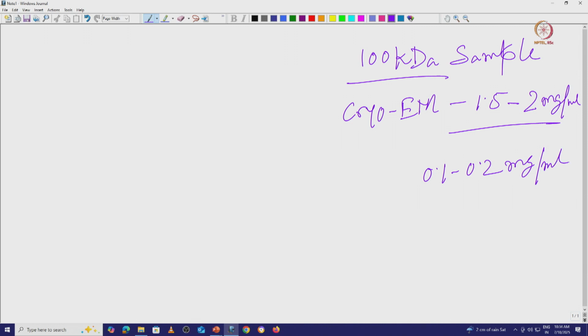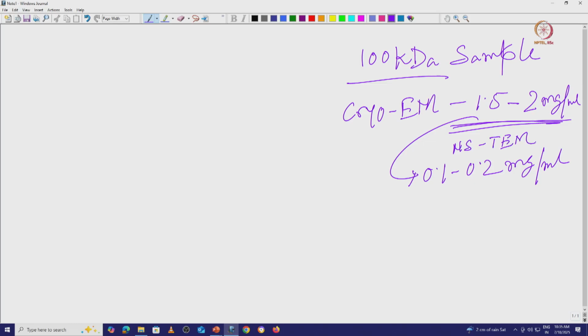Whenever we prepare our cryo sample, most of the time we have a concentrated sample. First concentrate the sample to 1.5 to 2 mg per ml, and then do the negative staining.